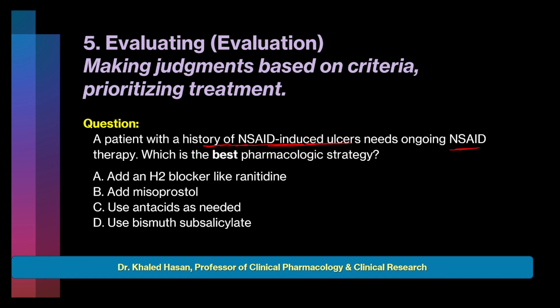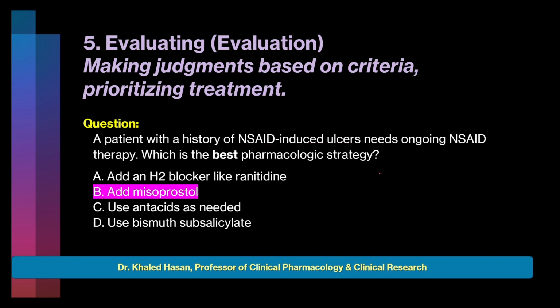Which is the best pharmacologic strategy for this patient? Add an H2 blocker like ranitidine, add misoprostol, use antacid as needed, or use bismuth subsalicylate. The correct answer will be add misoprostol.